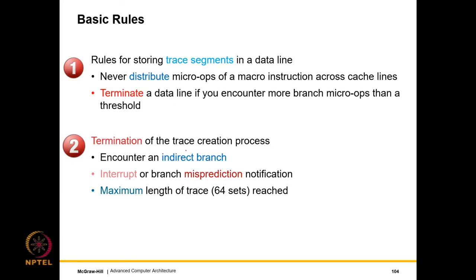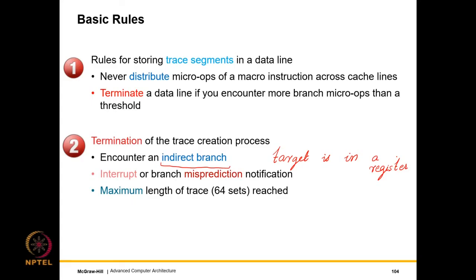The other is that the trace creation process is terminated upon the following conditions. When you encounter an indirect branch, so what is an indirect branch? It is where the target is stored in a register. So when the target is stored in a register, we terminate the trace creation process.